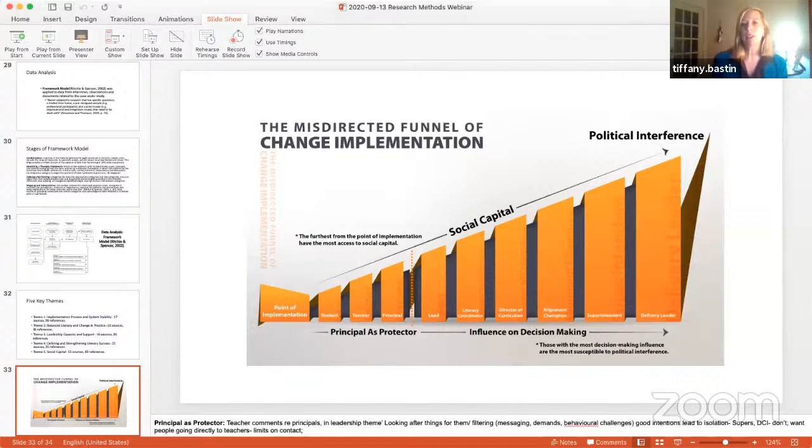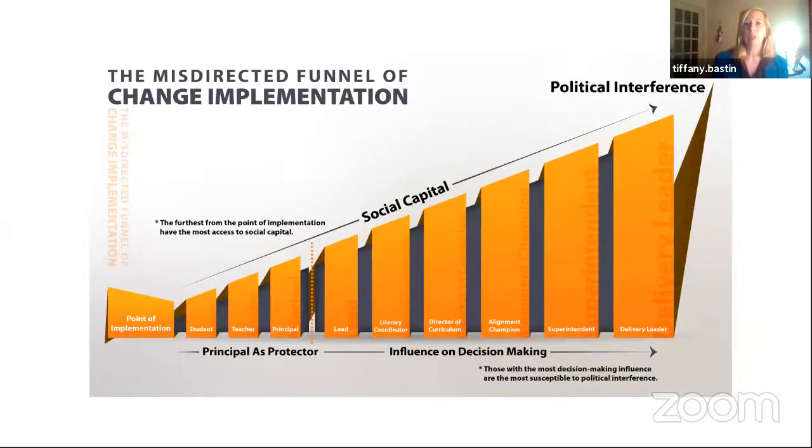And what you can see from this diagram is that the students, the teachers, and the principal actually have the least social capital. So they have the least amount of ability to have resources, to speak to others who are knowledgeable, to reach out and get support when needed.